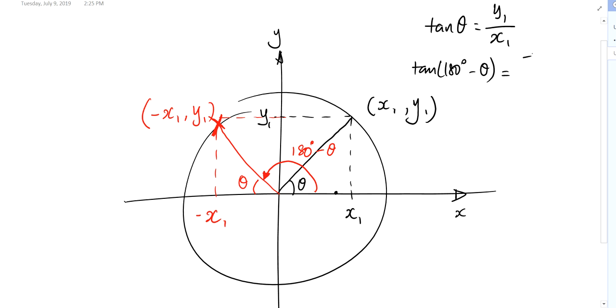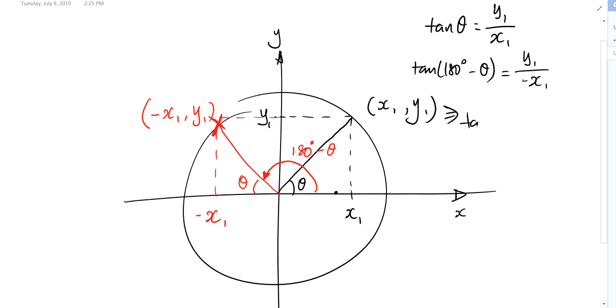Negative? Are you sure it's negative? Look, what is in the numerator? It is still y, isn't it? Is the y value the same? So it is still y1. So this is y1 divided by the x value. What is the x value now? Negative x1.